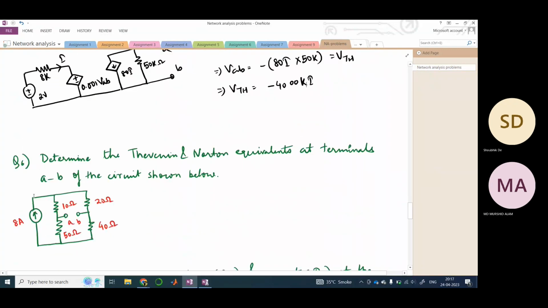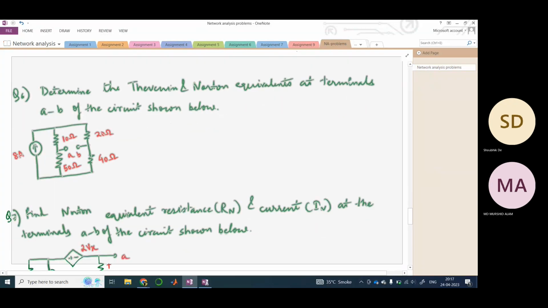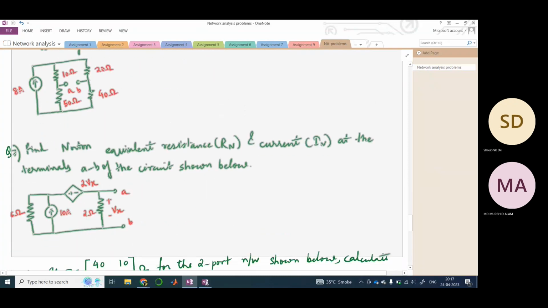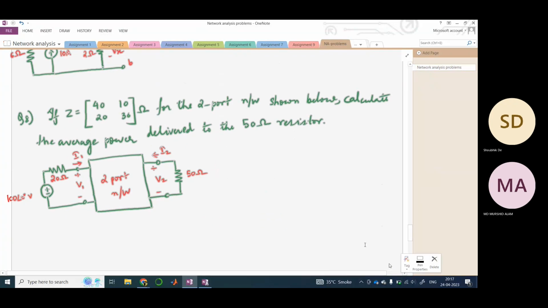Okay, so before that we need to shift all of these downwards. Just give me some time.